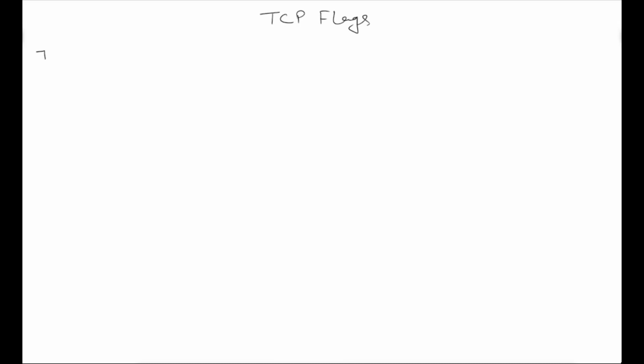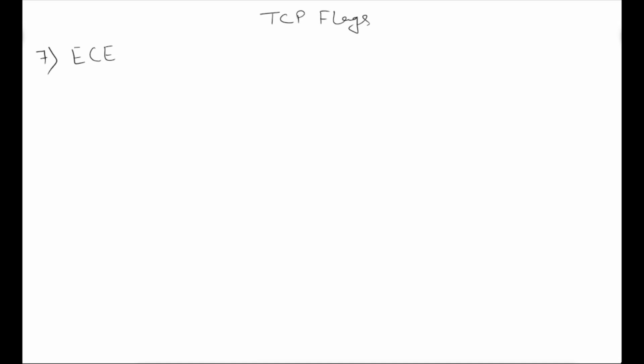The 7th flag, according to the new version, is ECE. If we generally discuss these 3 flags, 7, 8 and 9, all of these flags are made only for congestion purposes.